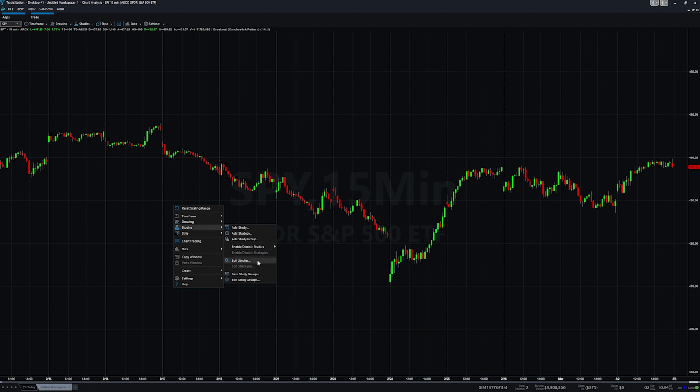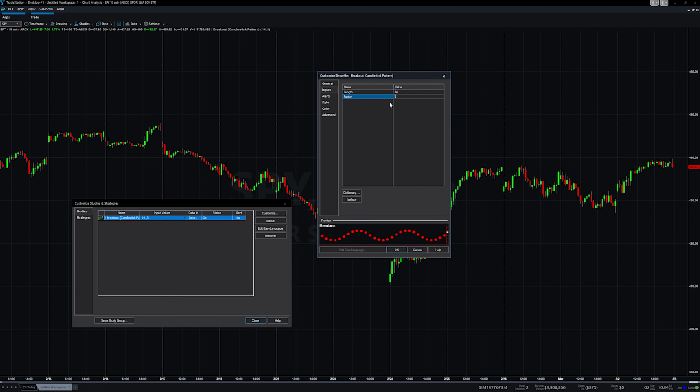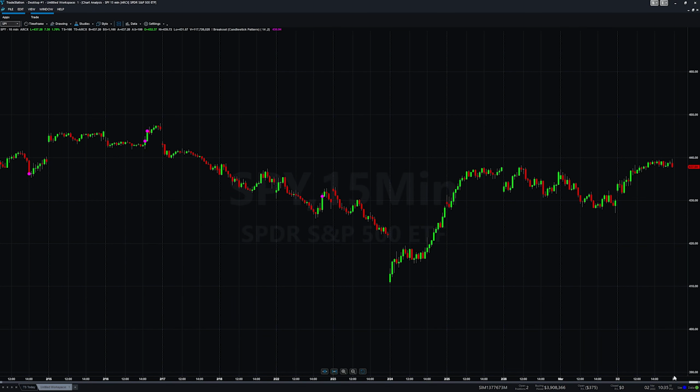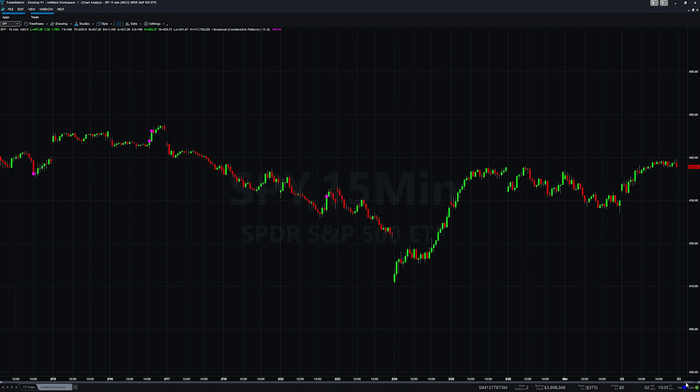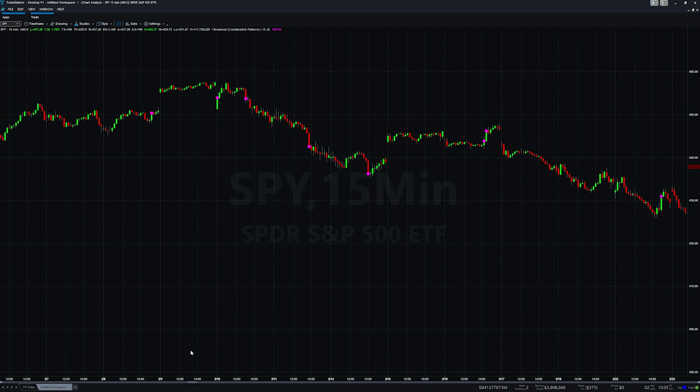Where are we at? Edit studies. A factor of 3 just hasn't occurred in the last 2 weeks or so. And so if I bring the factor down to 2, there we go. Now we're showing with the high-low instead of the open and close. We're starting to get some there.